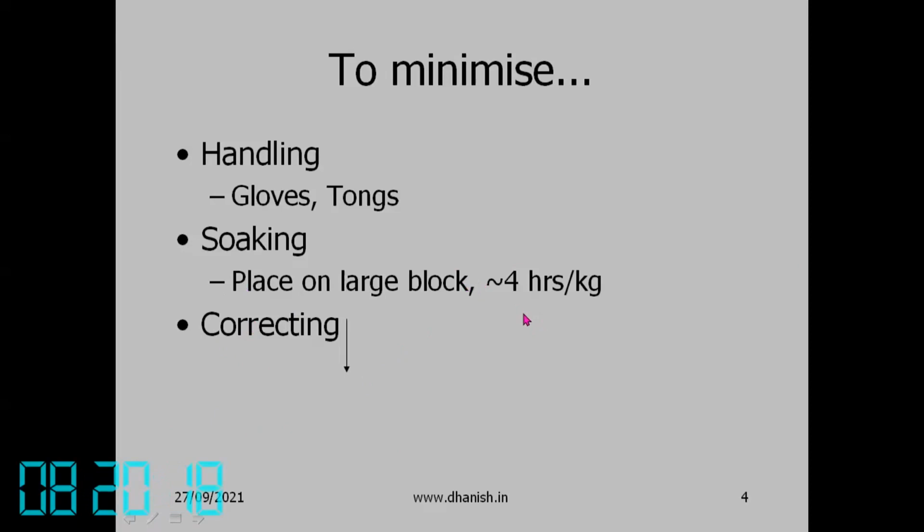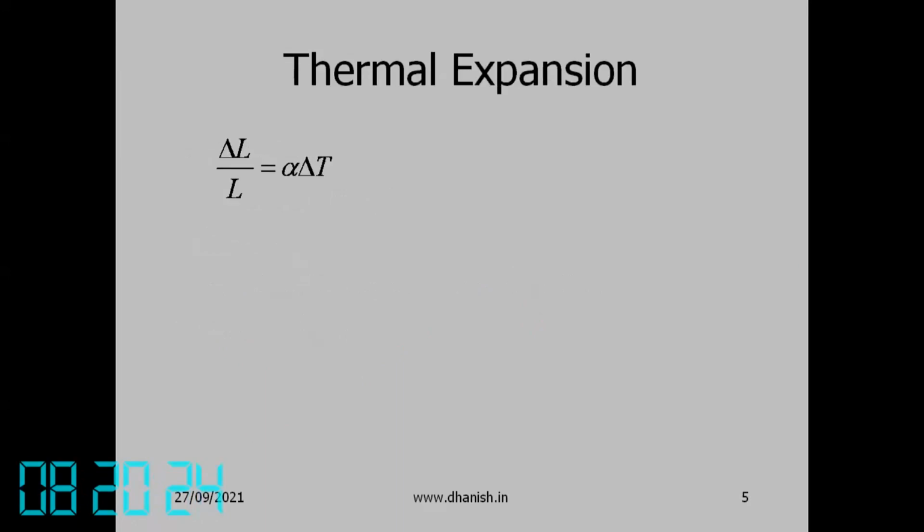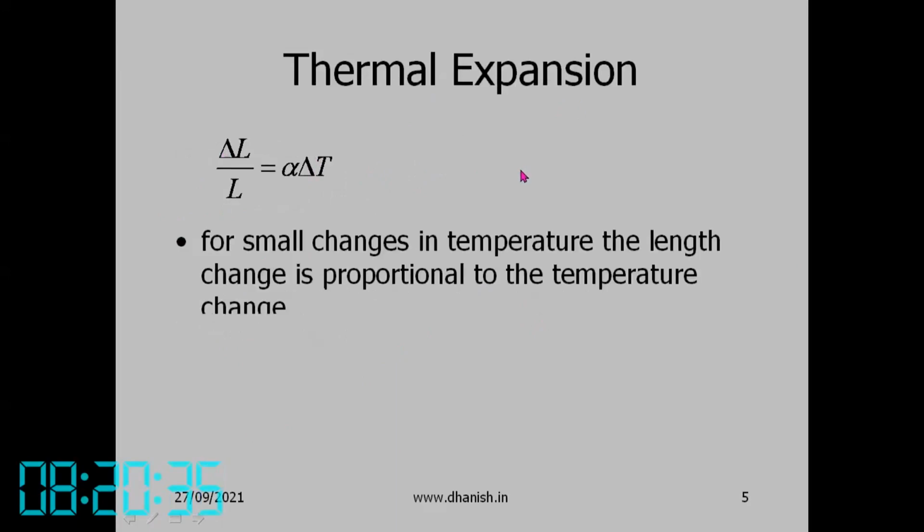So how can we predict the thermal expansion? Thermal expansion follows this law: delta L by L is equal to alpha into delta T. That is, for small changes in temperature, the length change is proportional to the temperature change.